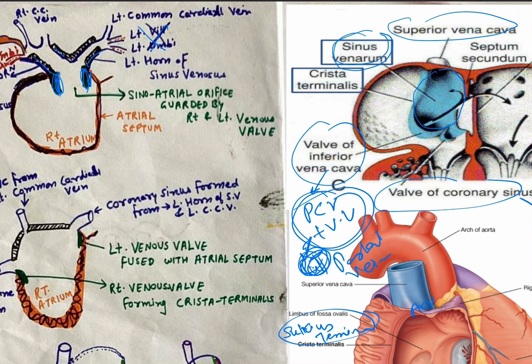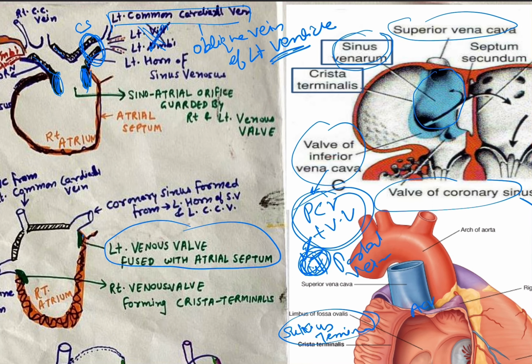The left horn tributaries will degenerate, but the left horn will form the coronary sinus, and the left common cardinal vein will form the oblique vein of the left atrium. Further, the left venous wall will get fused to the atrial septum, while the right venous wall forms the crista terminalis internally.